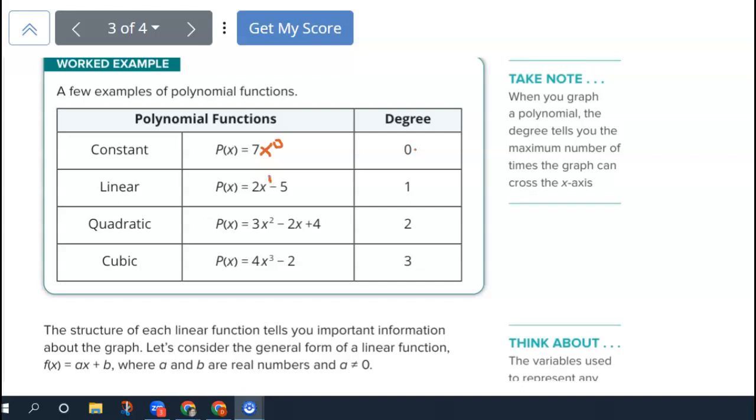This x has a 1 by it. We don't need to write it because x is the same as x to the first. So this is a first degree polynomial. This 2 makes this a second degree polynomial. And this 3 makes this a third degree polynomial. So that's what those terms mean.